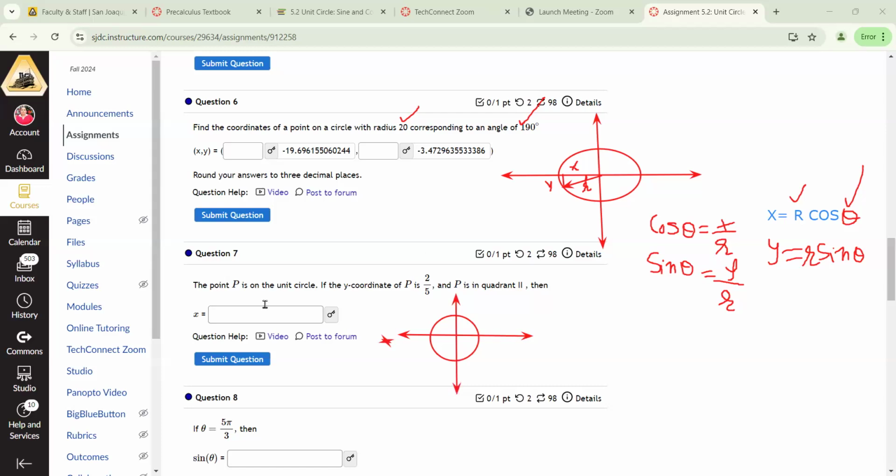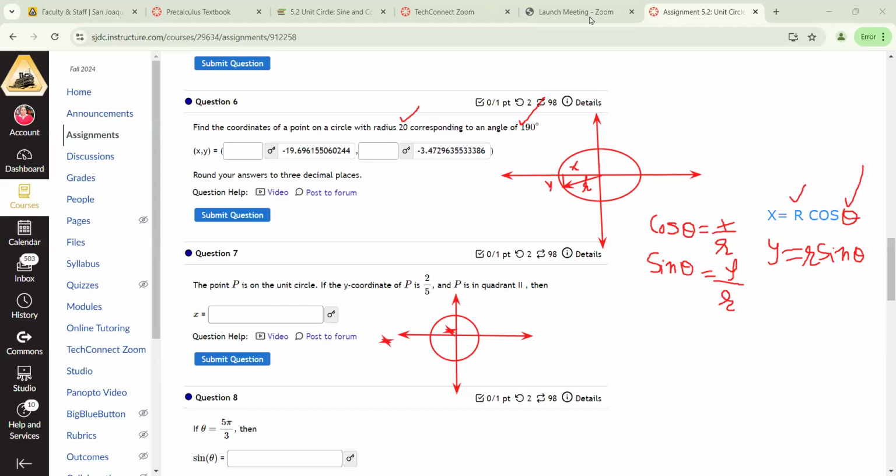It says the y coordinate of the point is 2/5 and it's in the second quadrant. Second quadrant means somewhere here. This is the second quadrant, okay?